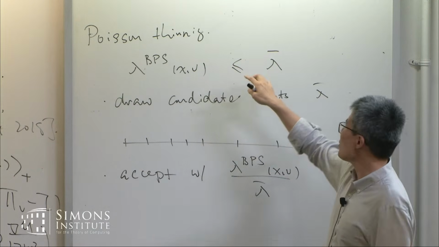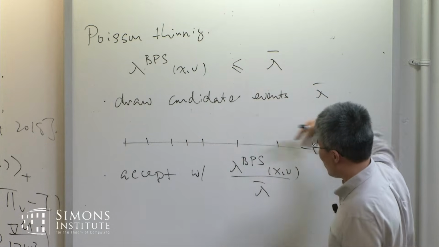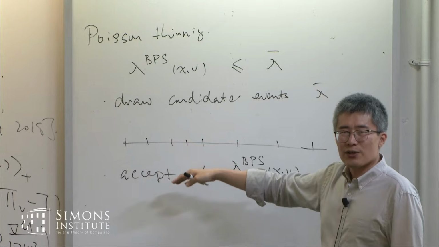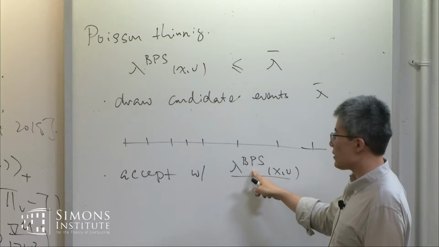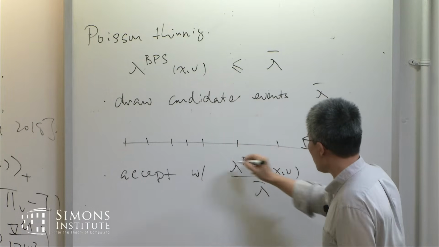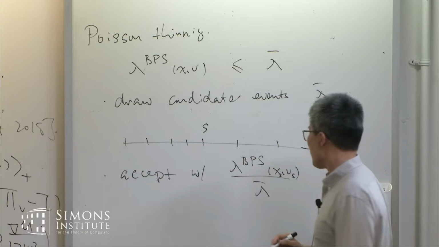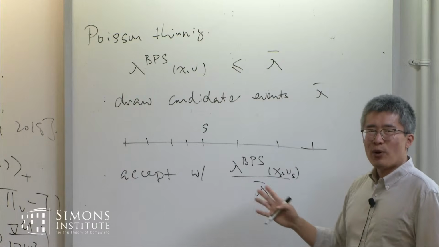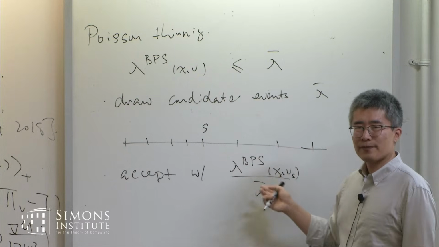But you also don't want it to be too large. The reason is that if you generate a lot of candidate events, to check whether an event is genuine or not, you need to query the gradient of U at time S, because you need to calculate the exact rate.